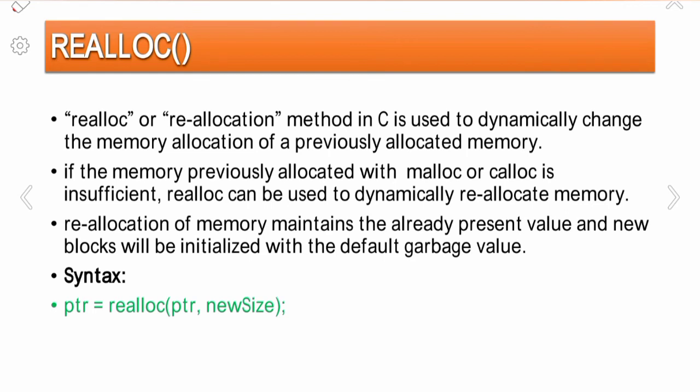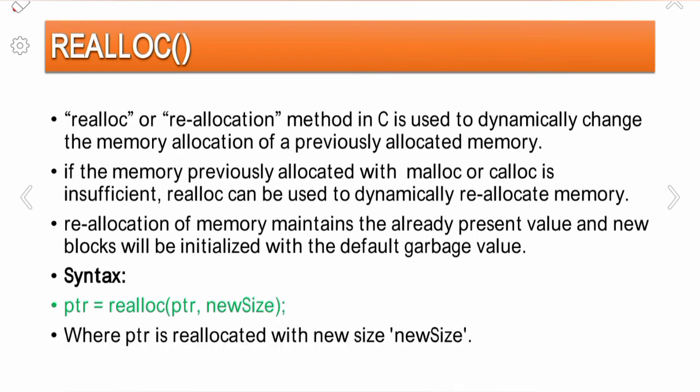Syntax of the reallocation: pointer equals realloc of pointer comma new size. This function allocates a new memory space of size new size to the pointer variable and returns a pointer to the first byte of the new memory block. The new size may be larger or smaller than the already existing size.